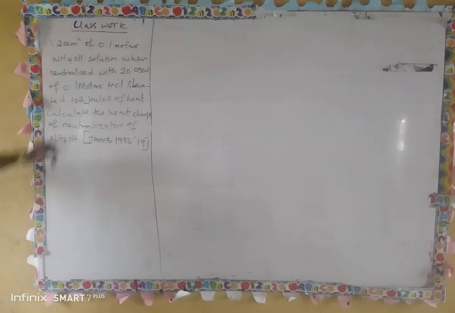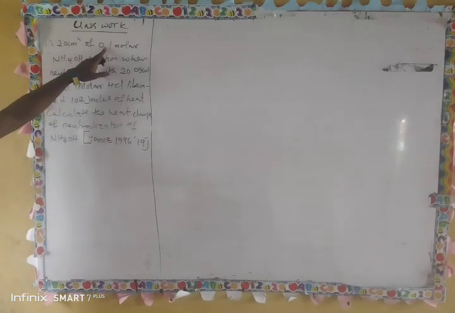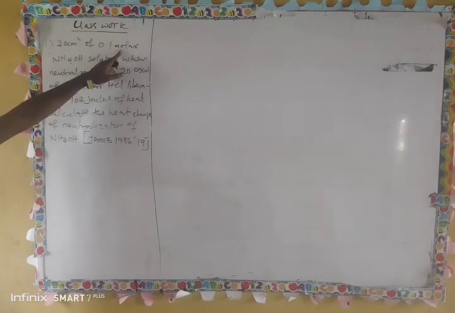Now the next thing to do is to convert this 0.1 to mole, not molar. Molar means mole per dm cube. You want to drive the dm cube away and get only mole.